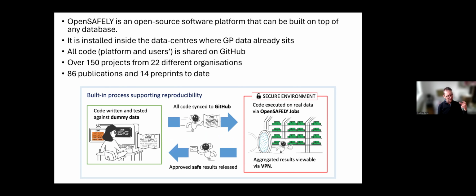When you're happy that the code works, you sync it to GitHub, and it's then sent to the real data via the OpenSAFELY jobs server. You can then view aggregated results via a virtual private network, a VPN, and if the results are confirmed by an independent checker, not to be disclosive, not to have any chance of allowing individual patients to be identified, then those safe results can be released.